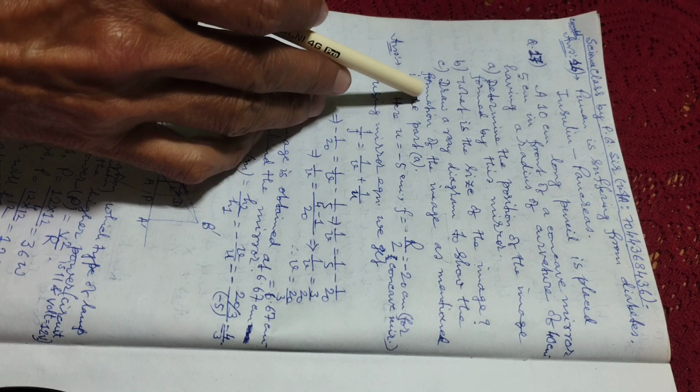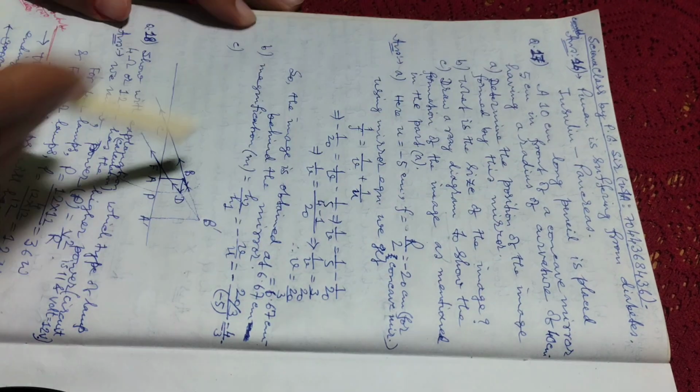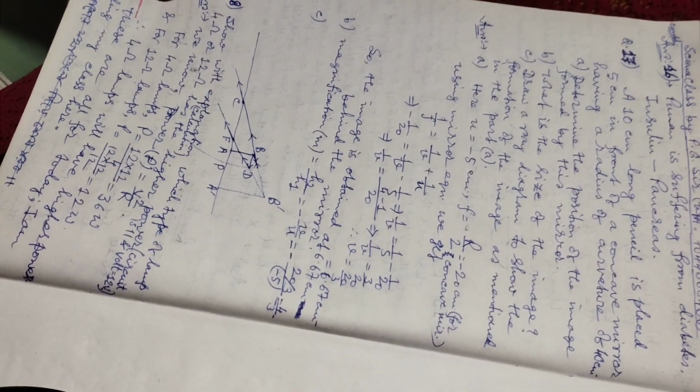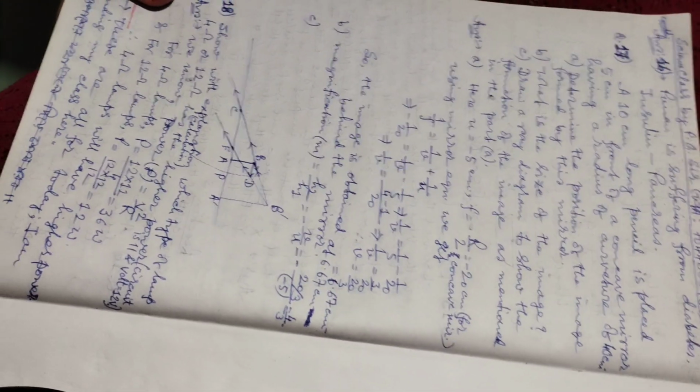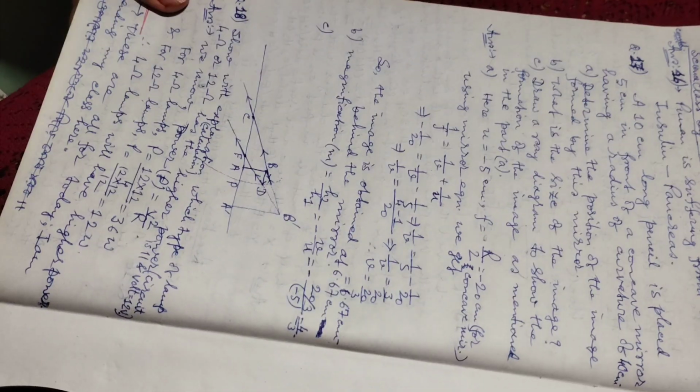Third question was, draw a ray diagram to show the formation of the image as mentioned in the first part. I have drawn the image. Do you see the image?